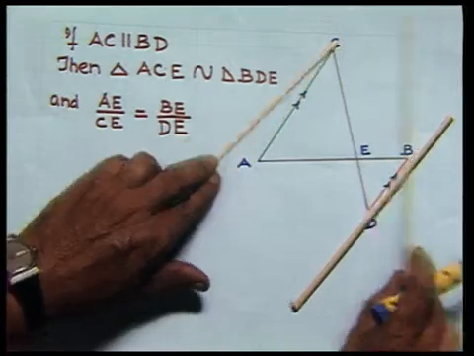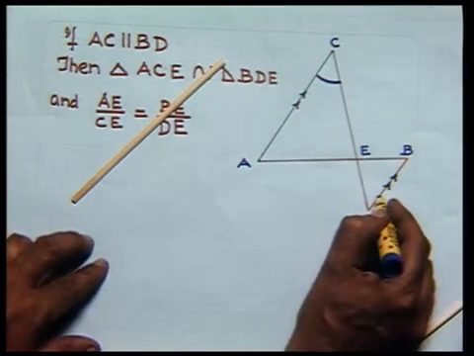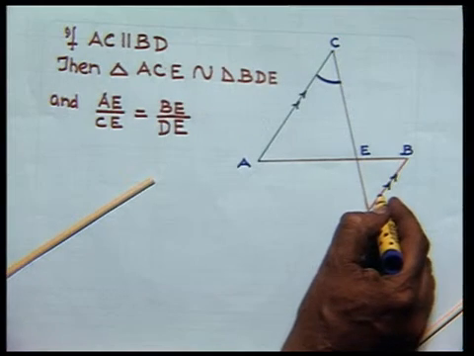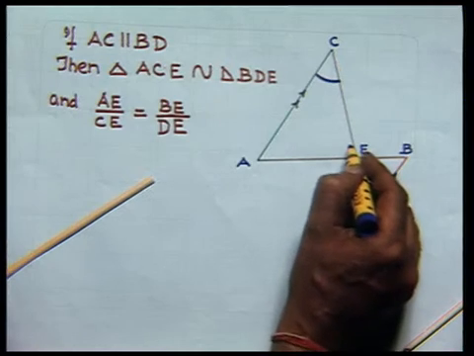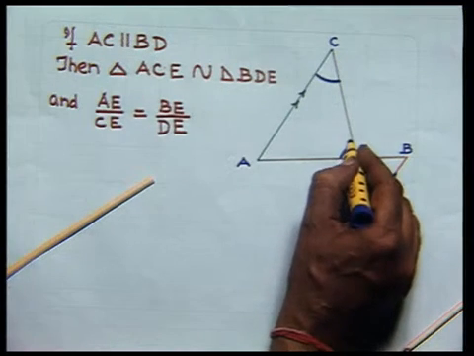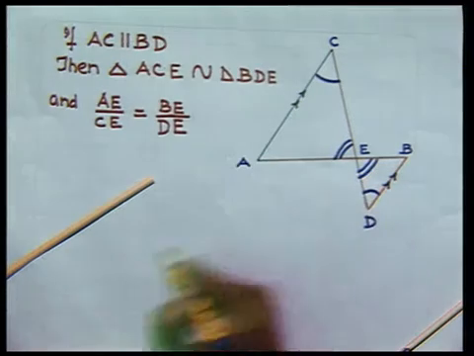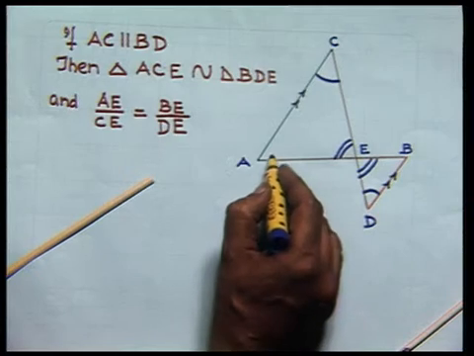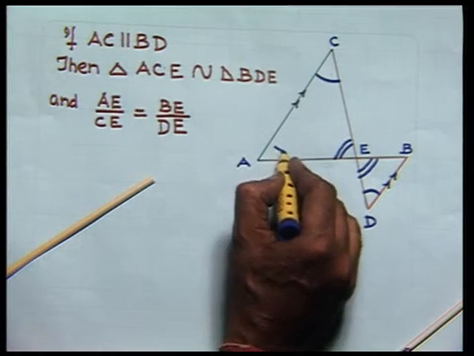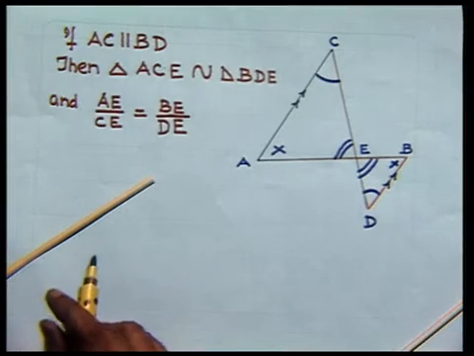So, here this angle becomes equal to this angle, and here this angle E is equal to this angle, being vertically opposite, and obviously the third angle will be equal to the third angle, because the sum of angles of a triangle is two right angles.